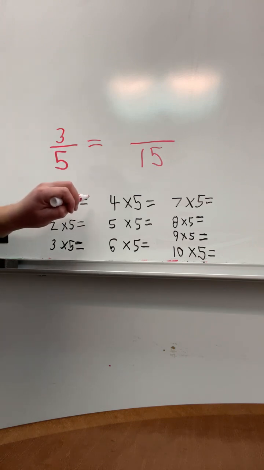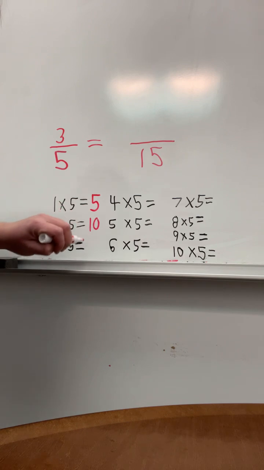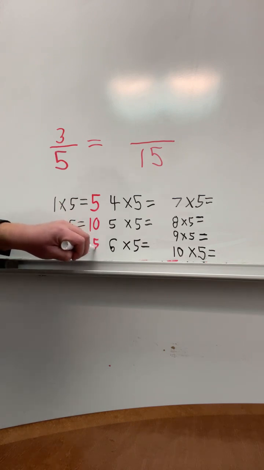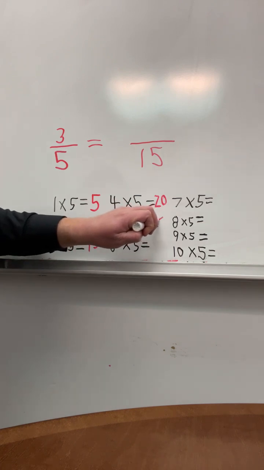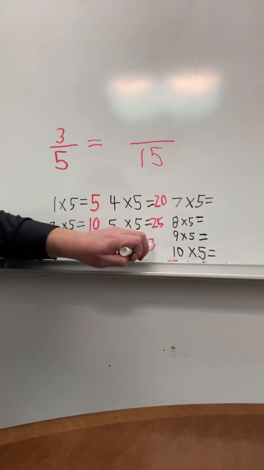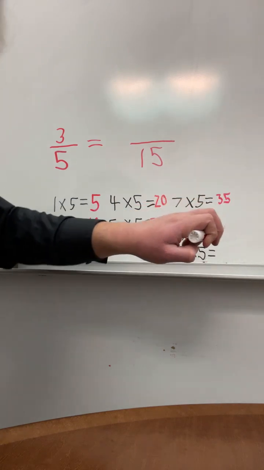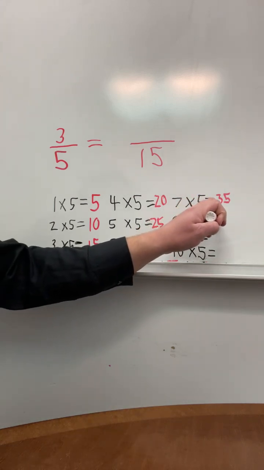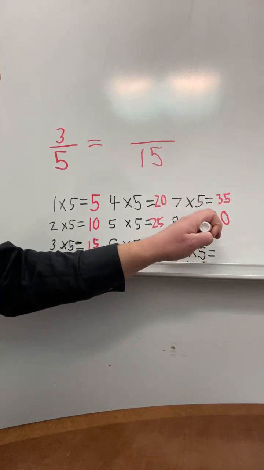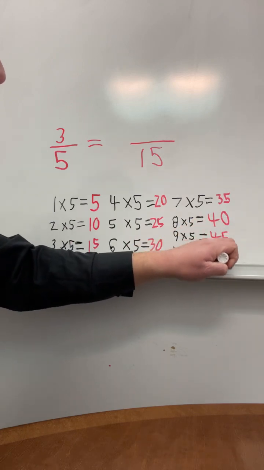All right, 1 times 5 equals 5. 2 times 5 equals 10. 3 times 5 equals 15. 4 times 5 equals 20. 5 times 5 equals 25. 6 times 5 equals 30. 7 times 5, 35. 8 times 5 is 40. 9 times 5 is 45. 10 times 5 is 50.